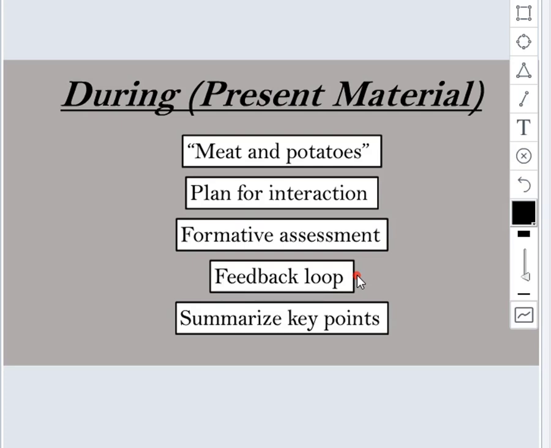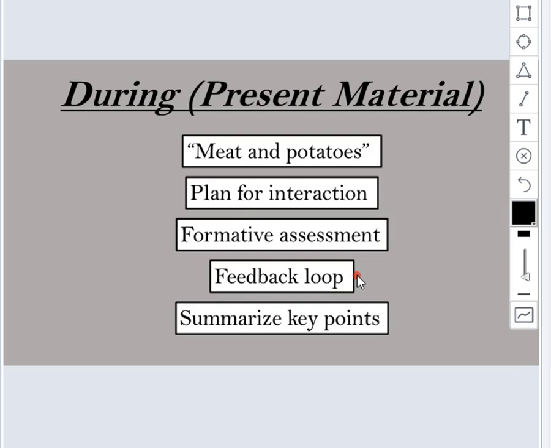So the feedback loop starts with two questions. What is good and not good about the student's work? And then, I guess, one question and one statement. So the feedback loop begins with what is good and not good, and then a suggestion for how to make it better, right?